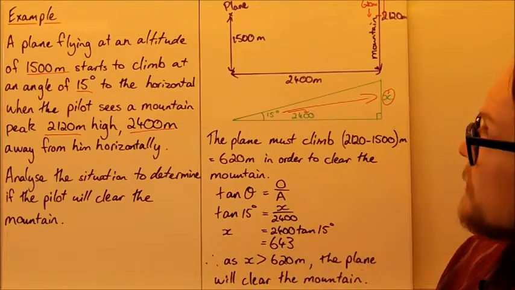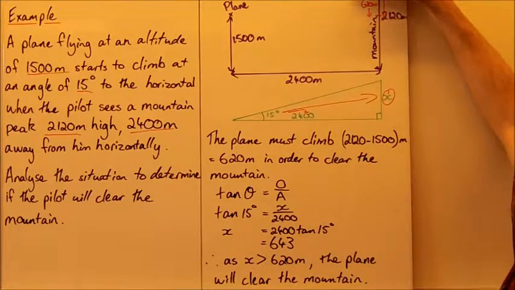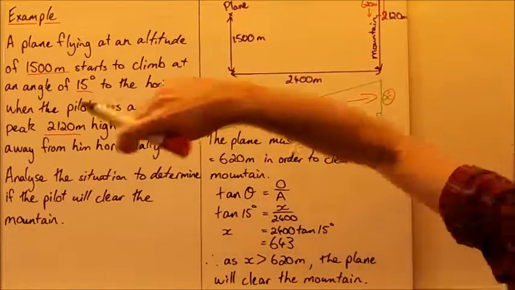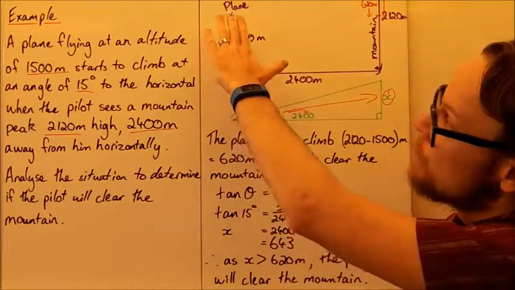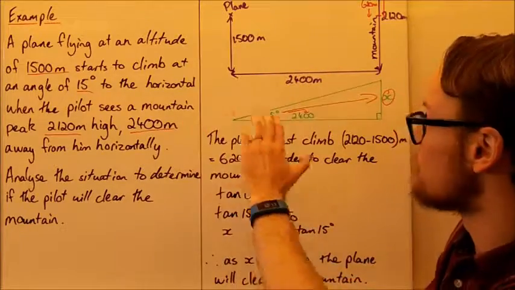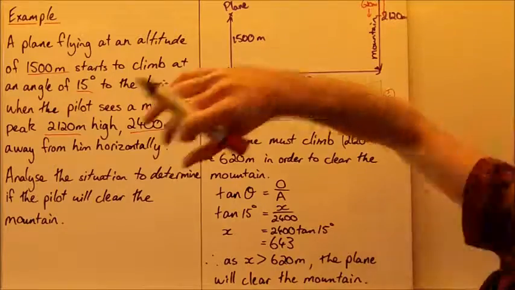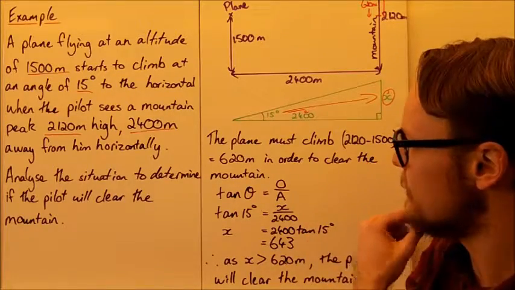So what have I done? What are my steps? Well, I have drawn a diagram of the situation initially, and drawn a relevant right angle triangle from the diagram that's going to help me to solve the problem by figuring out if he's going to be able to make that distance there.